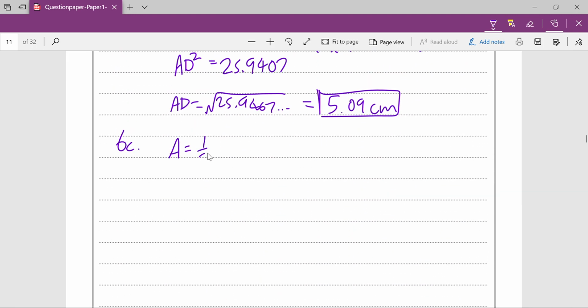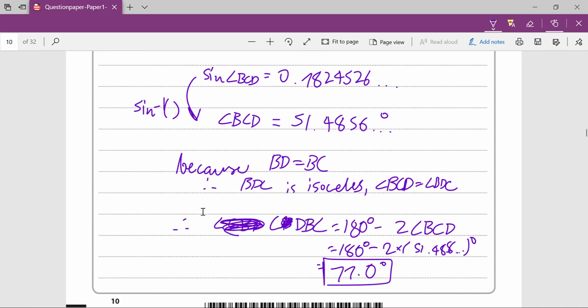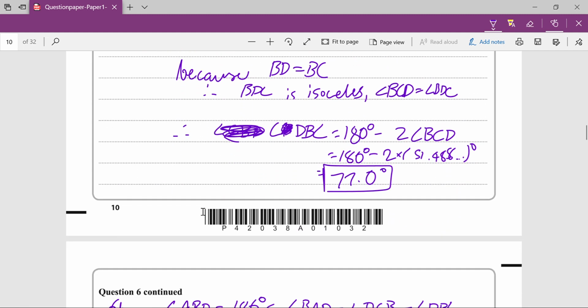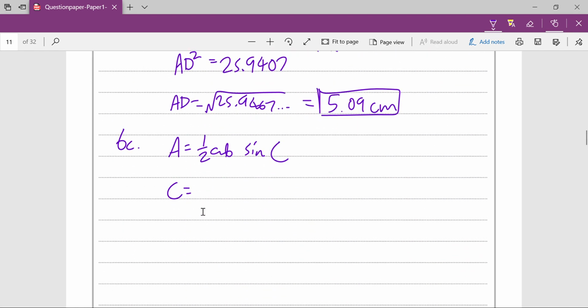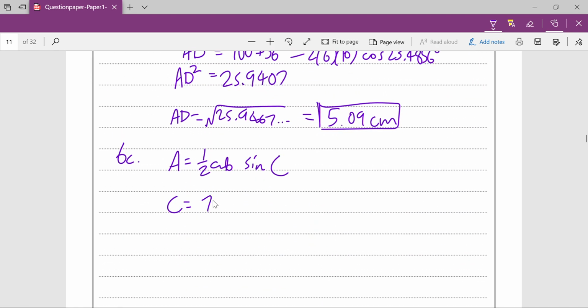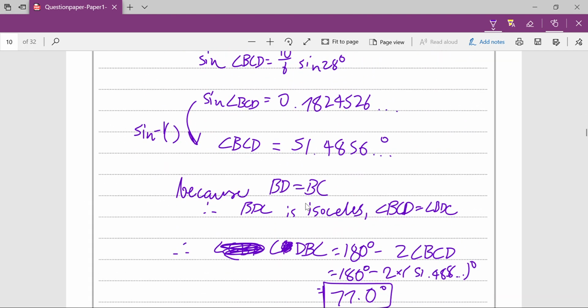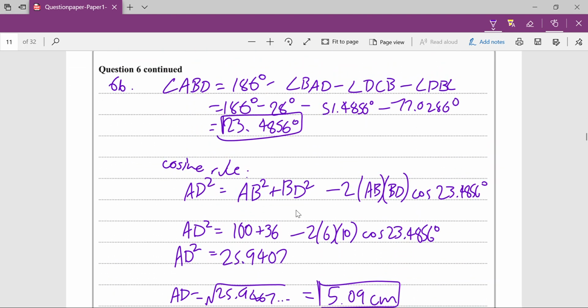Area equals half AB sine C, and C is equal to the sum of those two angles. This time I wouldn't do it to too much accuracy. C is 77.0286 degrees plus whatever that other angle here was, 23.4856 degrees.